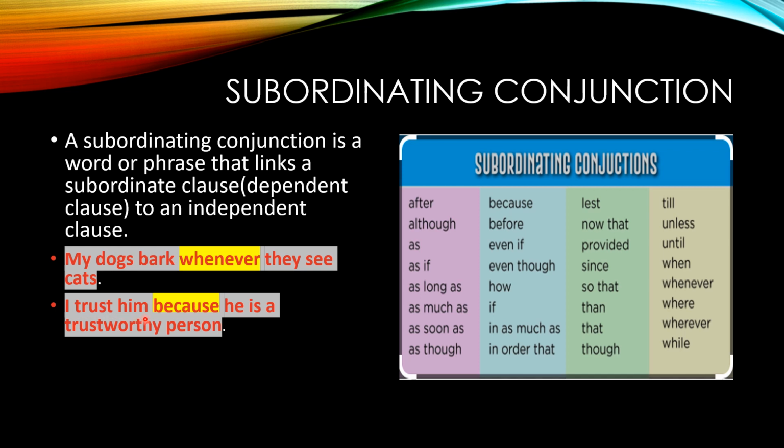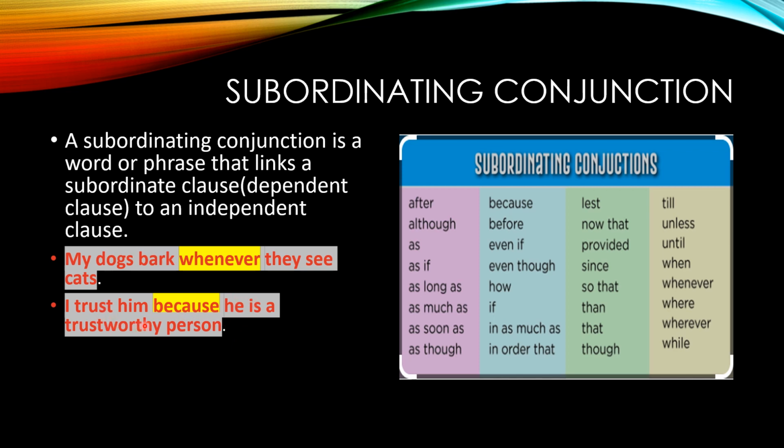I trust him because he is a trustworthy person. So he is a trustworthy person is an independent clause because these are the group of words or sentence which is not depending on any other clause. But I trust him is depending on this.